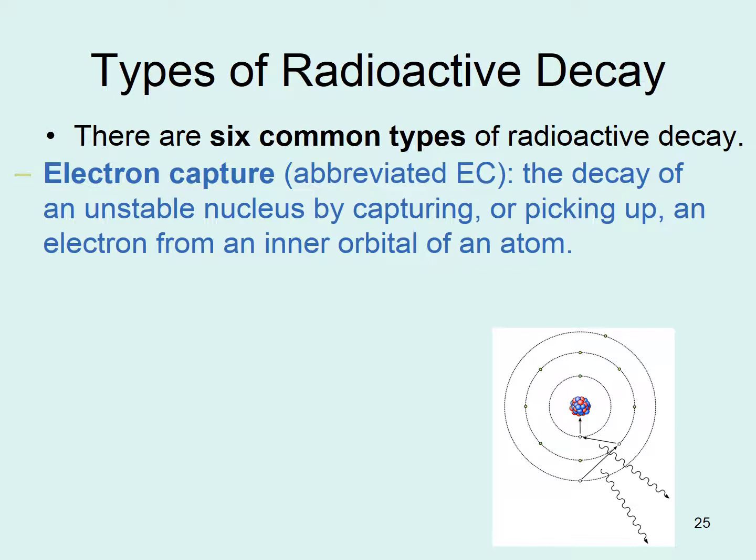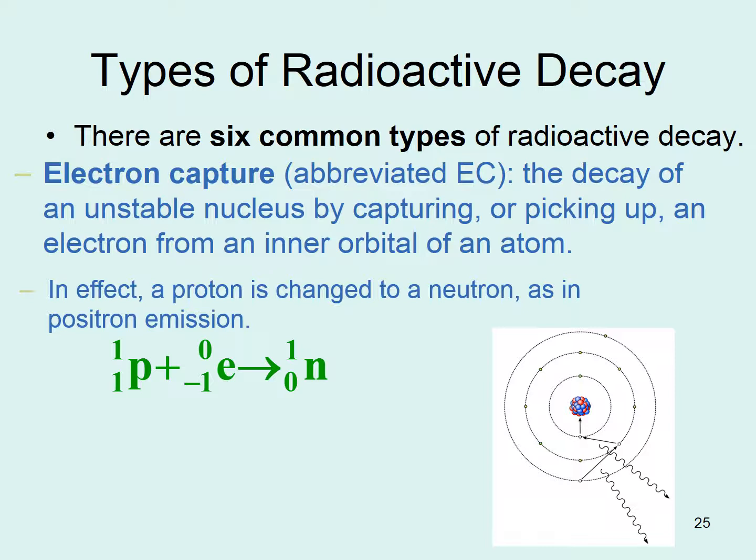When that happens, the spot where that electron was is empty, so electrons from higher orbitals fall down to that lower level, and when they do, energy and radiation is sent off. This picture sort of shows it.